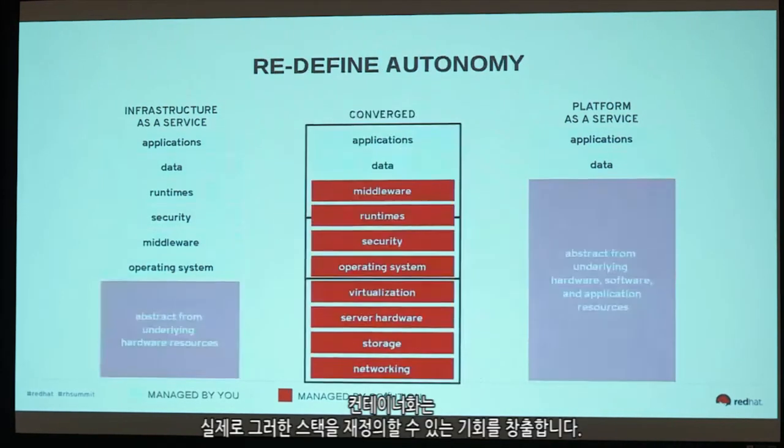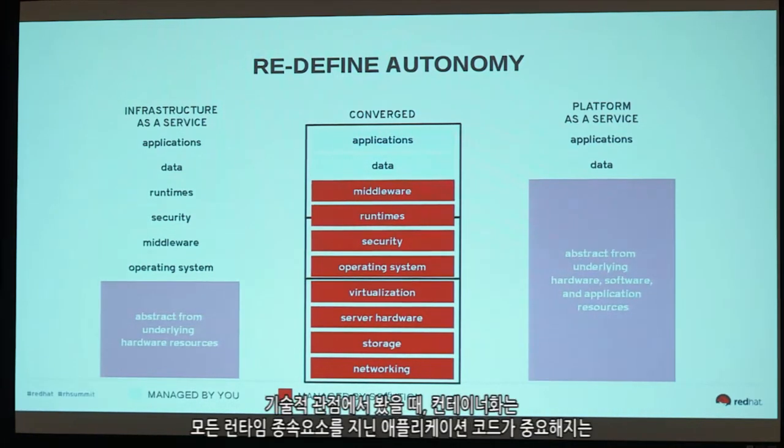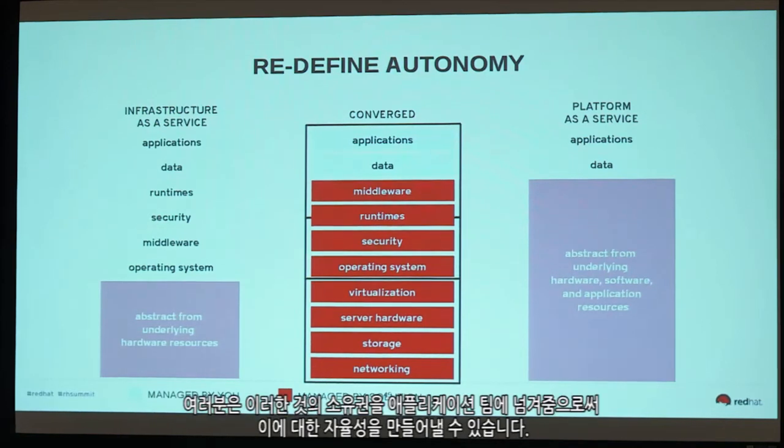Now, containerization creates the opportunity to actually redefine that stack. And it is happening right now. We begin to see that happening. From a technology standpoint, we see that containerization drives an aggregate that is different from the traditional PaaS, where now the application code with all their runtime dependencies becomes a thing. And you can build autonomy around it by handing the ownership of this thing to the application team.